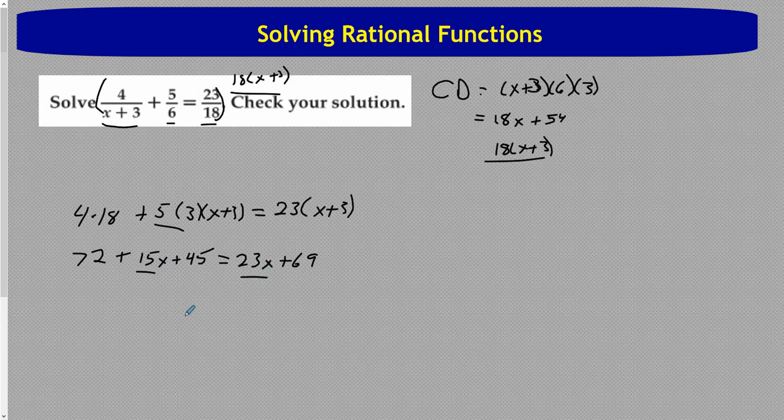Let's subtract 15x. So I'm going to have on my right side, 23 minus 15 is 8x. If I combine my numbers on the left side, 72 plus 45 is 117, minus the 69 from the right side is 48. Divide both sides by 8. X will be 6. It says to check our solution.